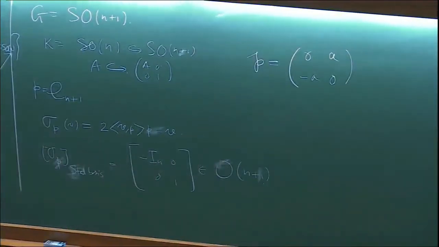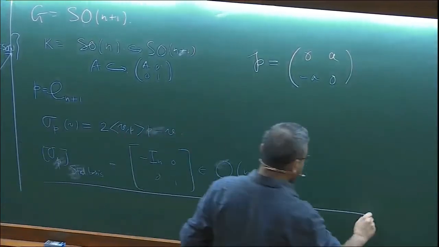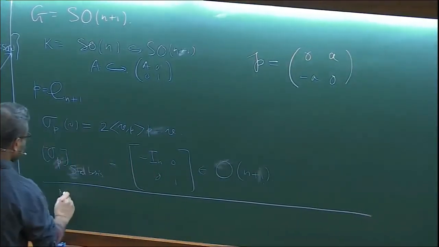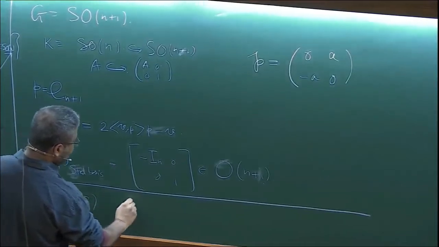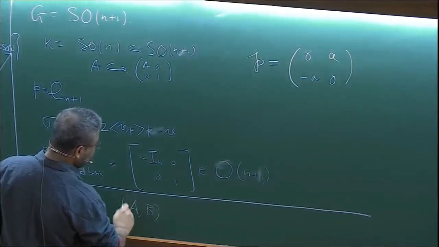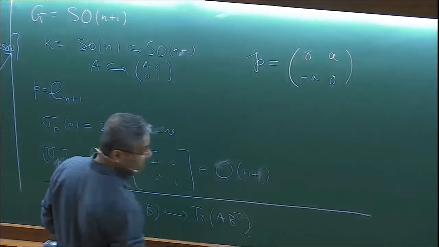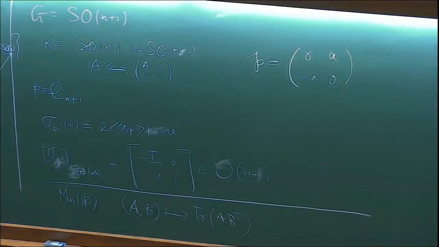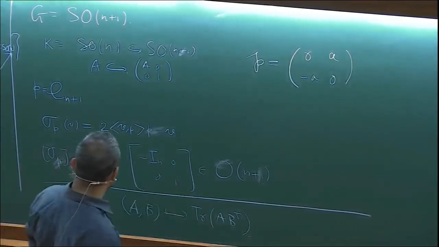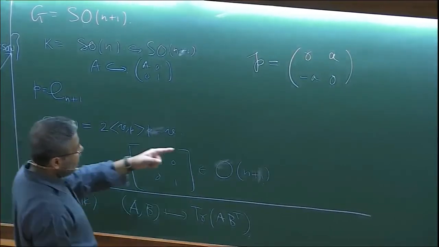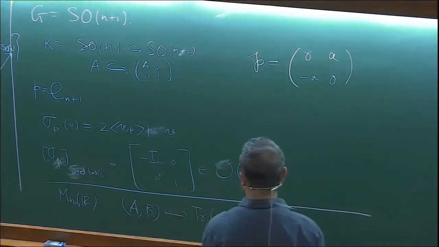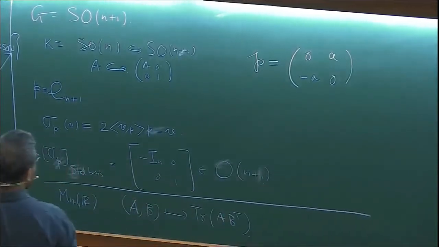One thing one should always remember: if I am given M_n(R), then the map (A, B) going to trace of A B transpose gives me an inner product. I just restrict that trace form on M_n(R) to M_{n+1} here. It is very easy to check it is an inner product.